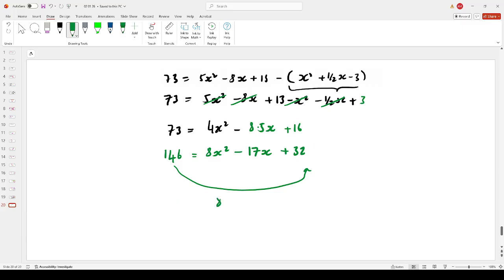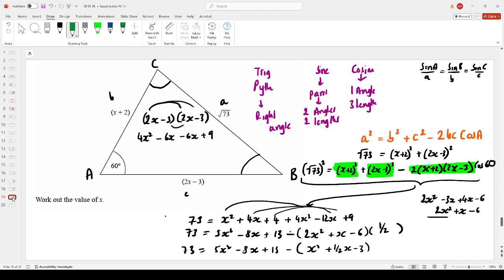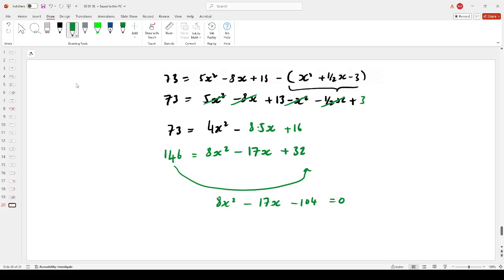Go on, what did I miss? Manya, let me know. 104? Anyone get 104? Why do I feel like something's wrong here? Is it 114? Yeah, you're right, it is 114.